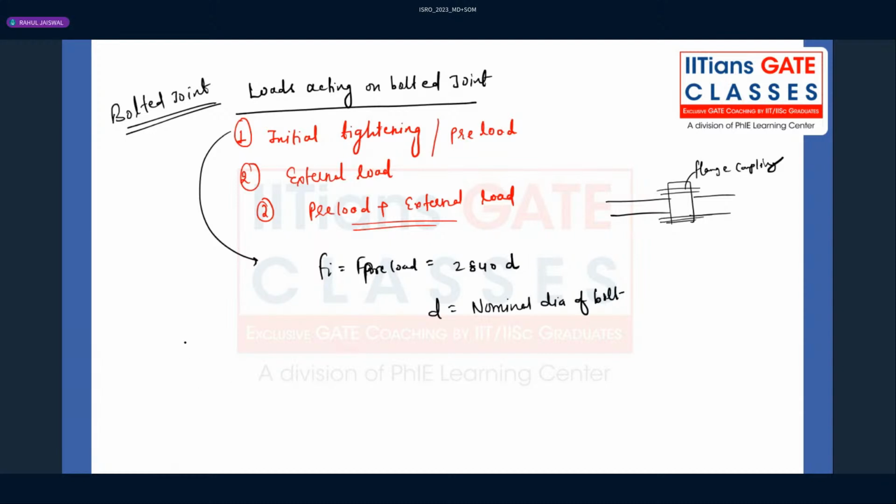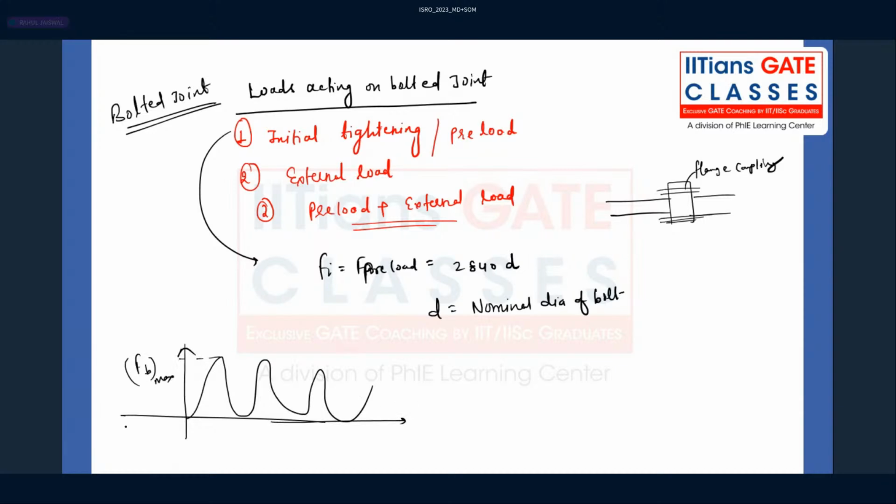Whenever you consider a bolt without preload, there may be loads which are acting like this. See that. This is the level of the load which a bolt may be subjected to. But when you consider a bolt with a preload, what is happening?